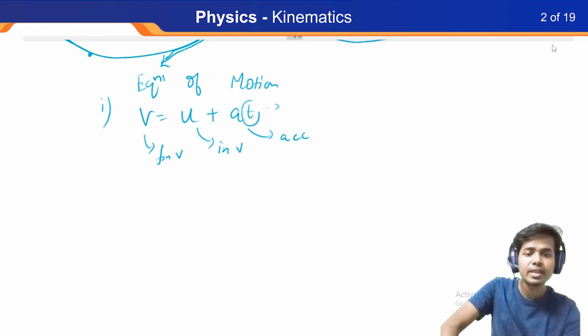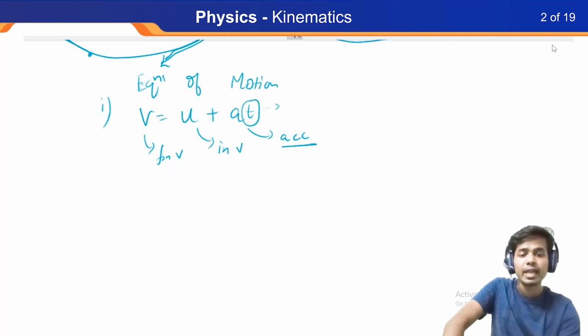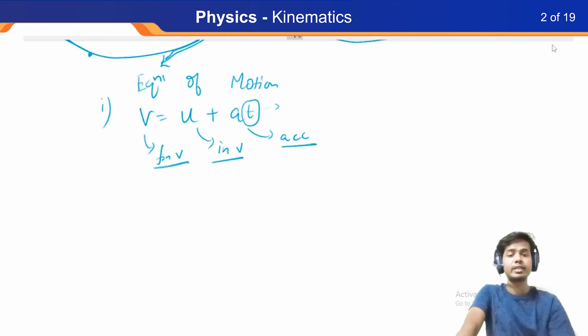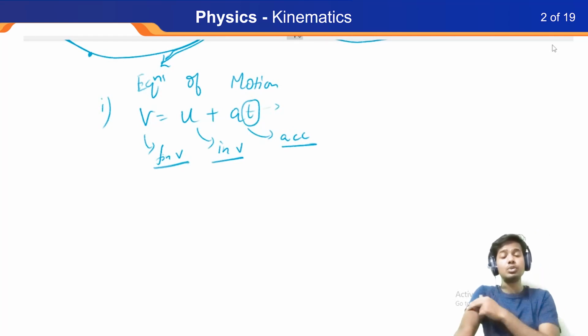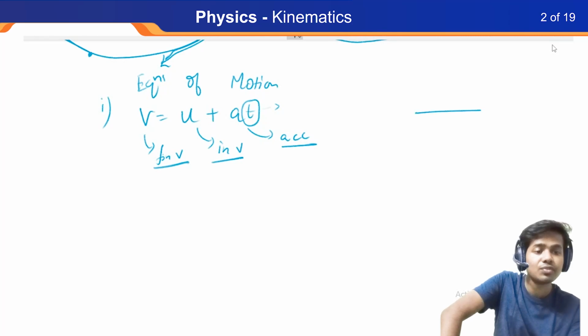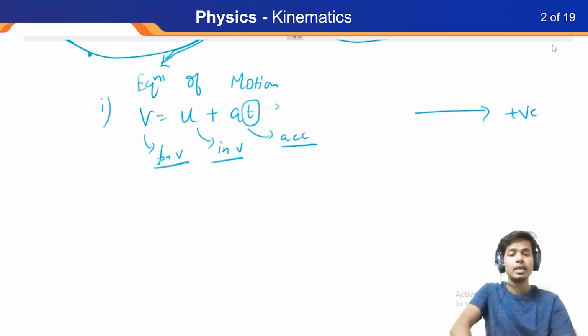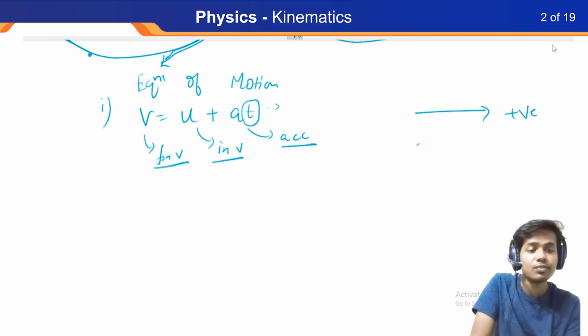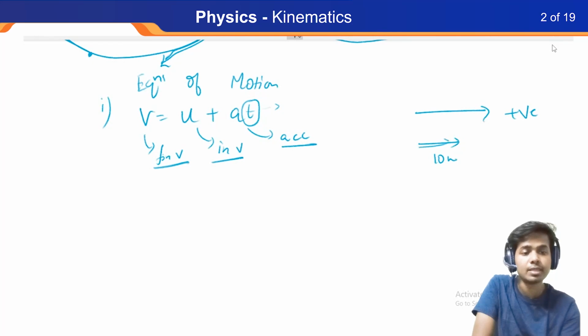Now, t is a scalar quantity, except that all of them are vector quantities. So you always have to take care of the direction as well. If you have taken the sign convention as this is a positive direction, then whatever velocity is in this direction, you will plug in, let's say this is 10 meter per second in this direction.